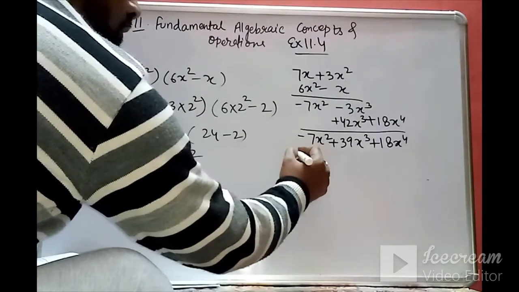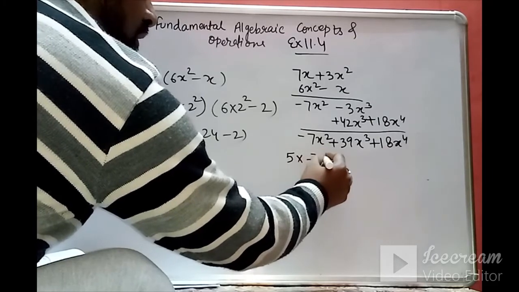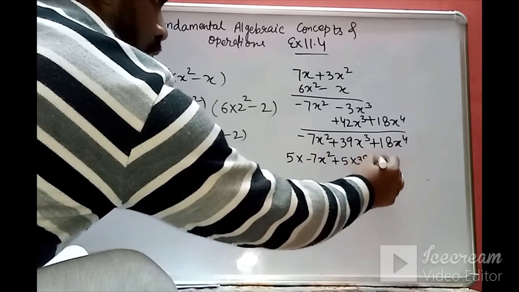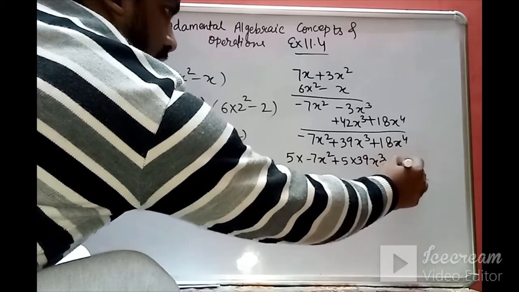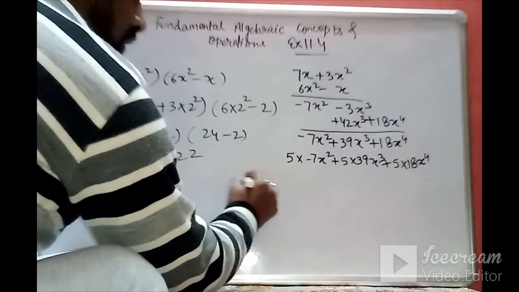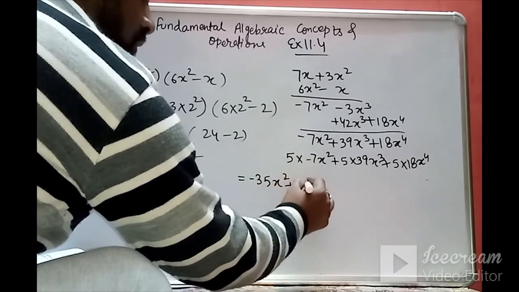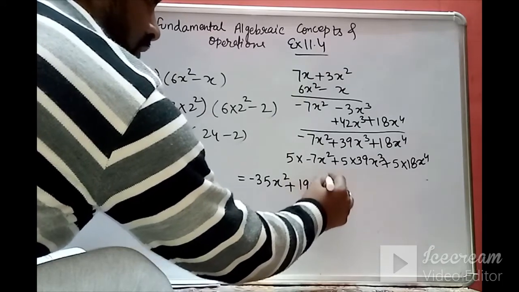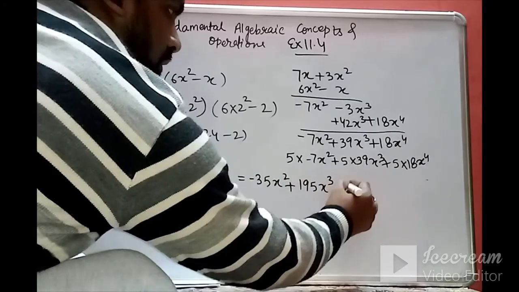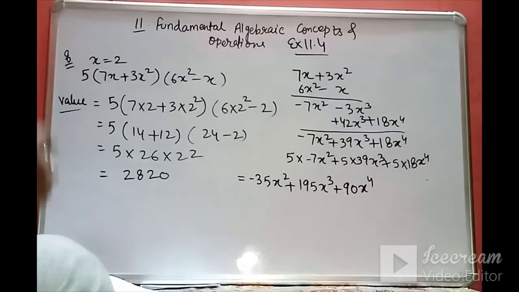Then a 5 is there, so 5 into minus 7x square plus 5 into 39x cube plus 5 into 18x to the power 4. So it is minus 35x square plus 195x cube plus 90x to the power 4.